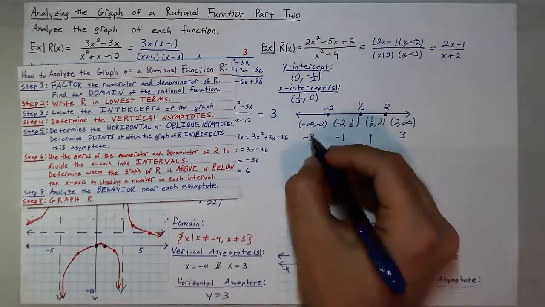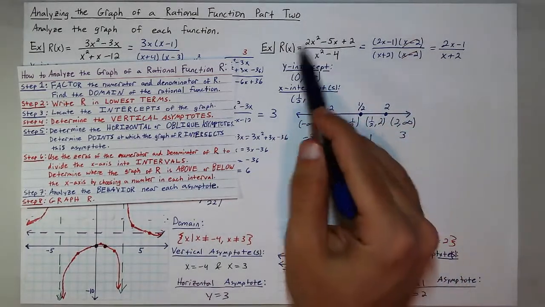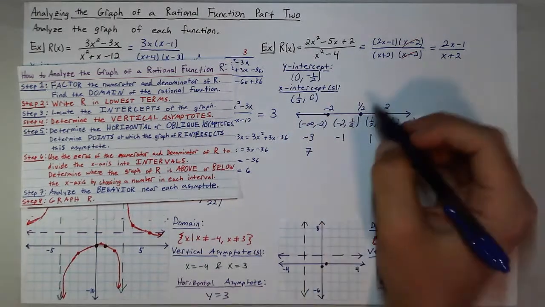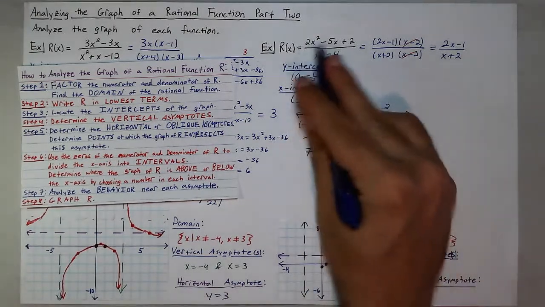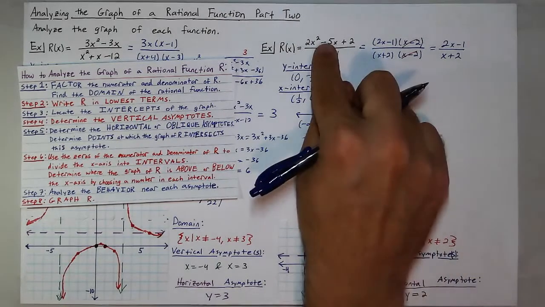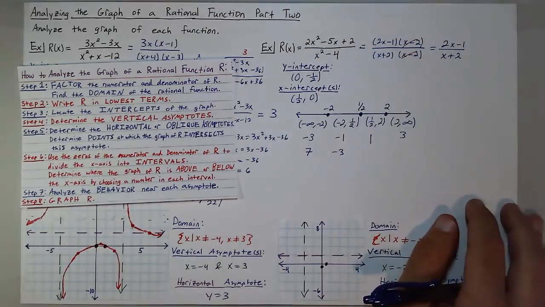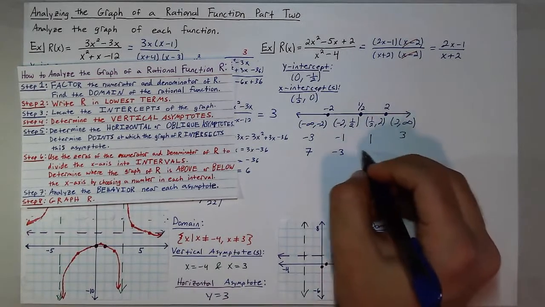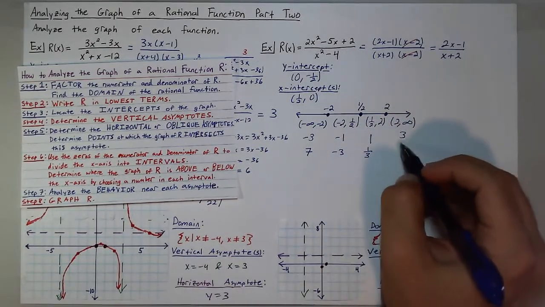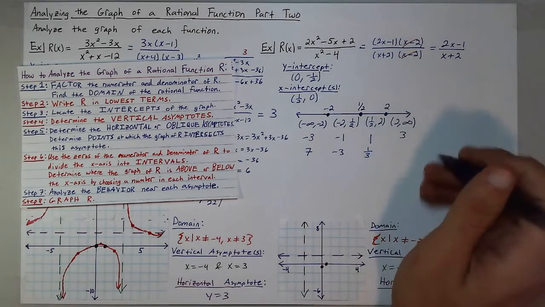So plugging in negative 3 into my original function, I can get positive 7. When I plug in negative 1 into this function, I get negative 3. When I plug in 1, I get positive 1/3. And when I plug in 3, I'll get a positive 1.